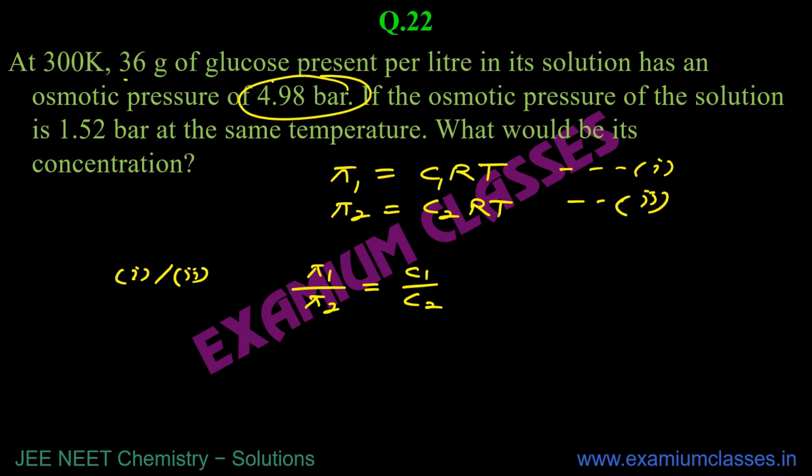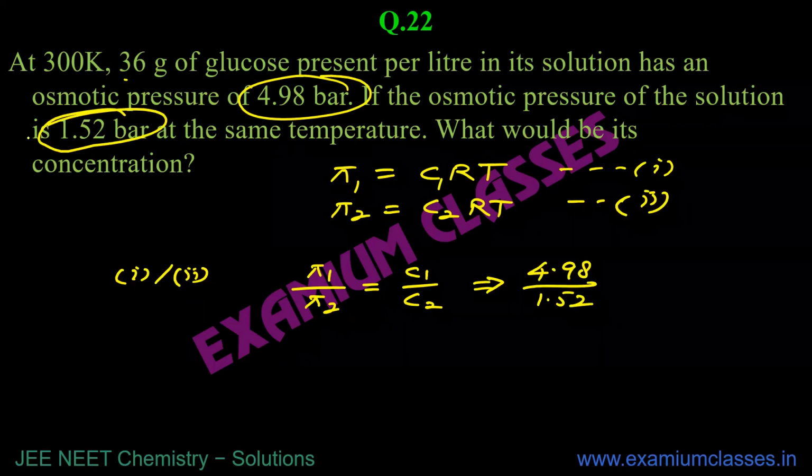Pi1 is given 4.98. So 4.98. Pi2 is given 1.52. 1.52 equals C1. C1 will be given by mass divided by molar mass, and we are talking about glucose.